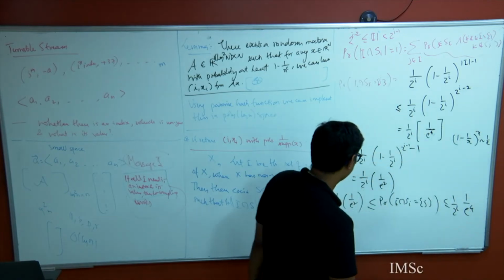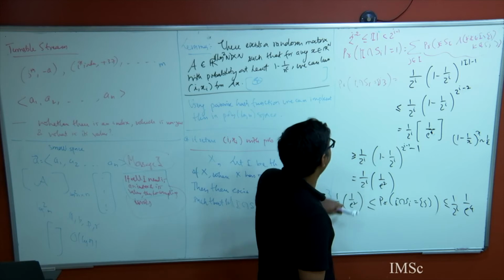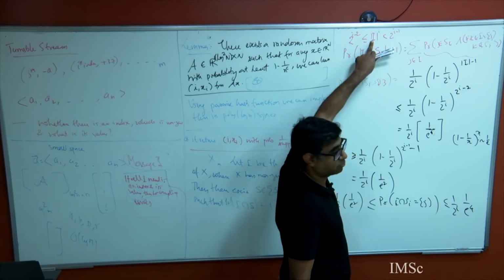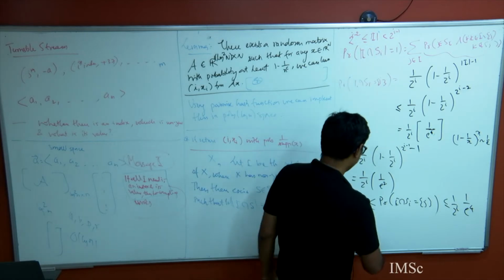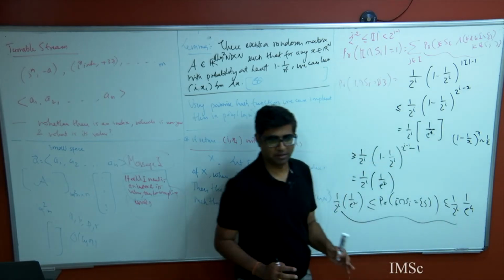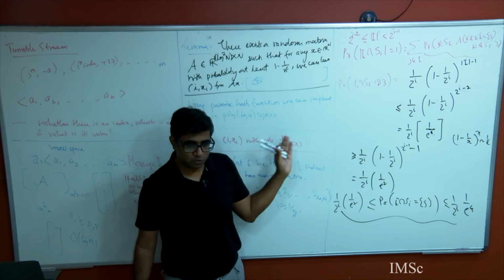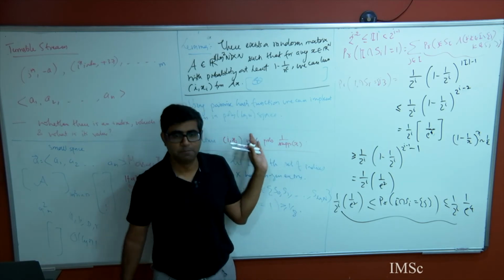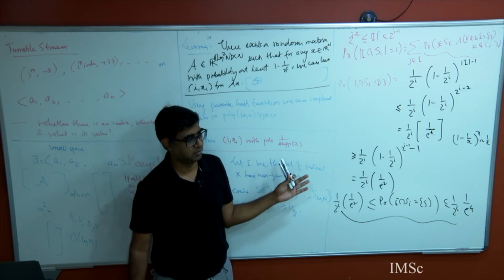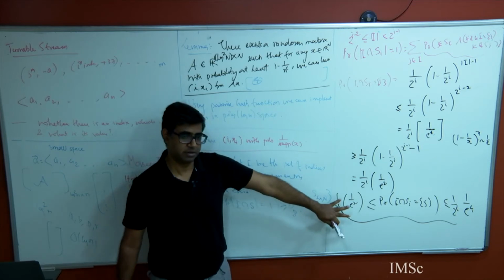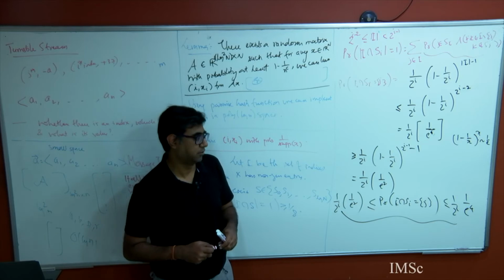Now 2 power i is roughly equal to the cardinality of I, more or less. So the algorithm which we gave is not completely uniform over the support, but it is almost uniform over its support. This is what this calculation shows, and this is a useful thing to have.